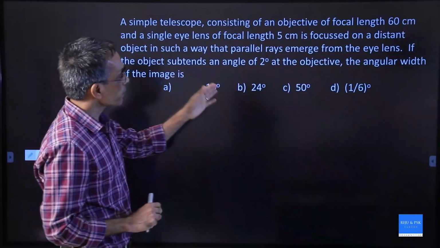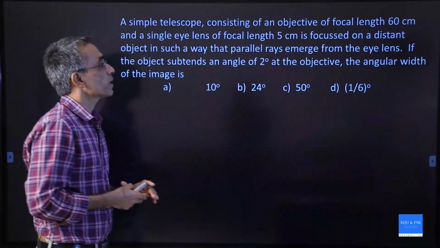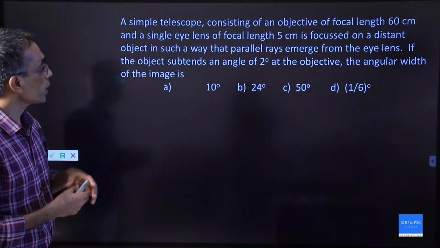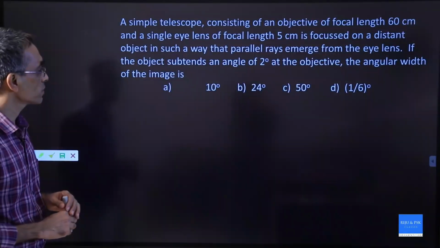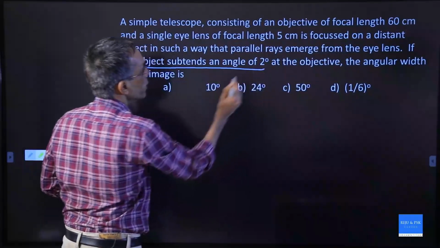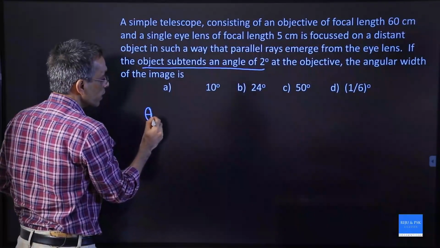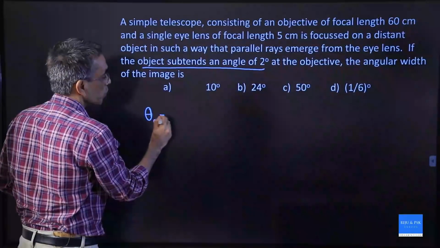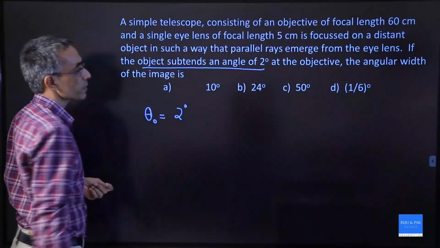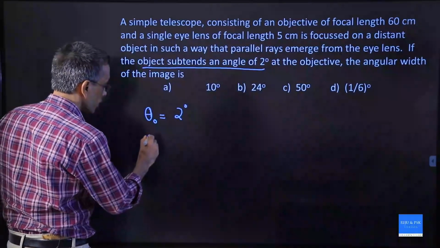If the object subtends an angle of 2 degree at the objective, what is the angular width of the image? Simple idea. They are saying the object subtends an angle of 2 degree, which means the angular size of the object is 2 degree. What is the angular size of the image, theta I?